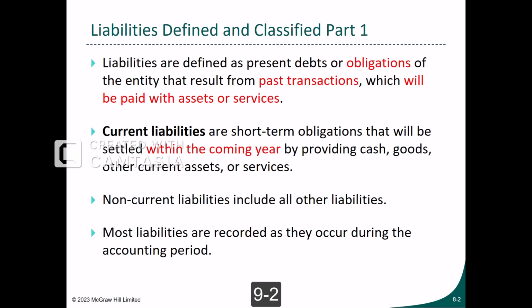The fact that a liability should result from a past transaction may look obvious, but to make sure we understand the meaning of these features, the best question is, what does it exclude? Considering that a liability should result from a past transaction, what kind of event cannot give rise to a liability?